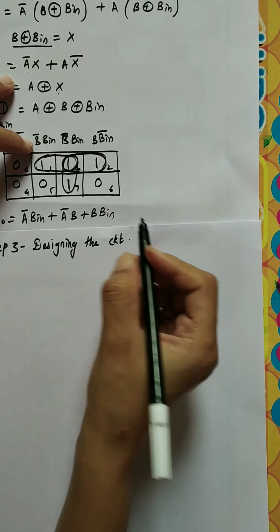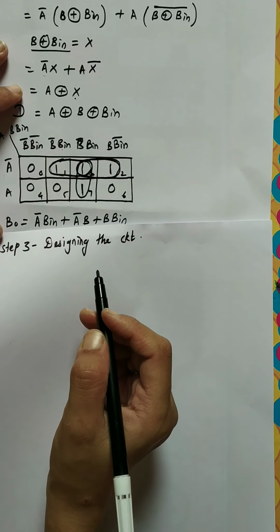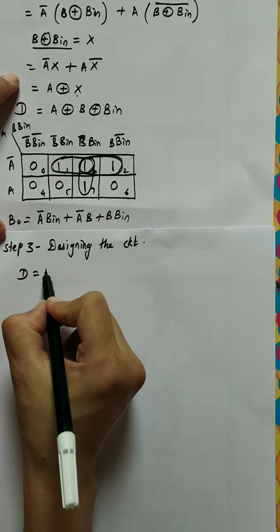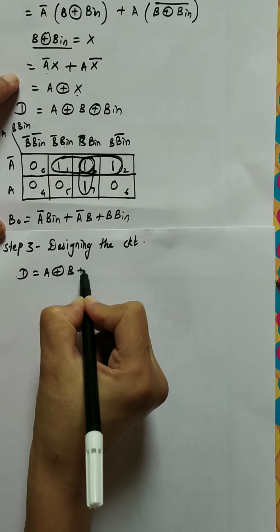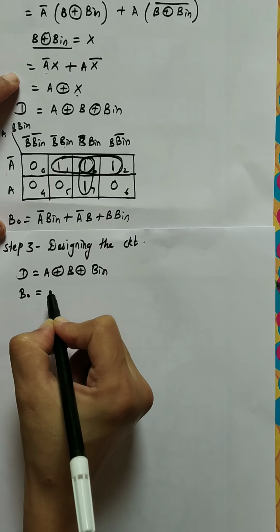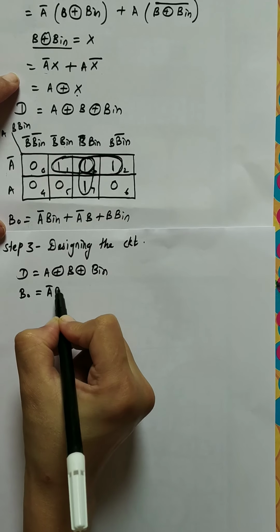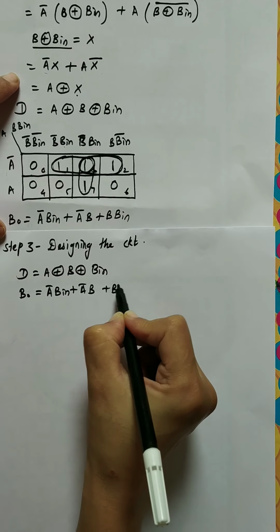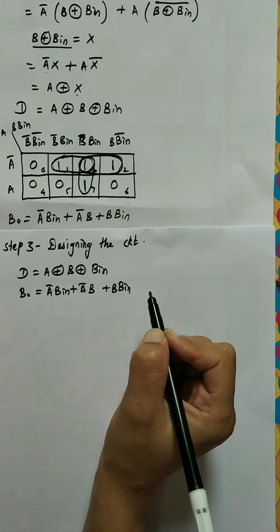For designing the circuit we require the simplified expressions. So D equal to A XOR B XOR B in, and for borrow I have the equation as A bar B in plus A bar B plus B B in.